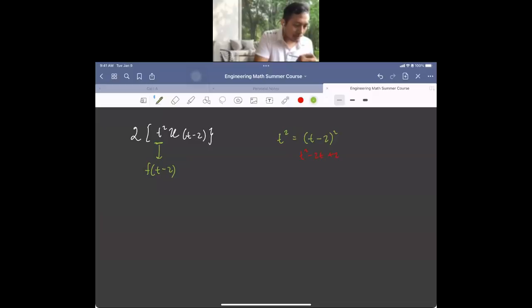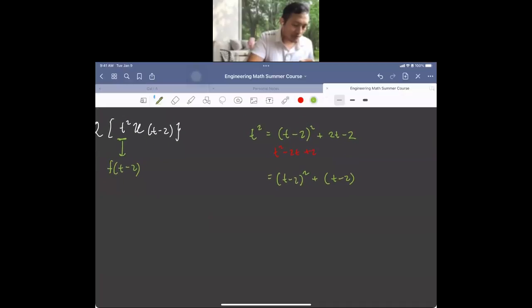And then we need to make sure that this becomes t squared, so we need to plus and minus with some function. So plus 4t minus 2, or this t minus 2, we can make it into t minus 2 like that.